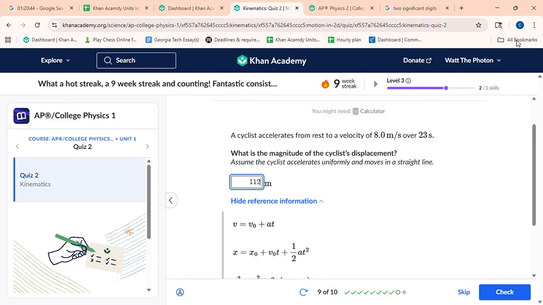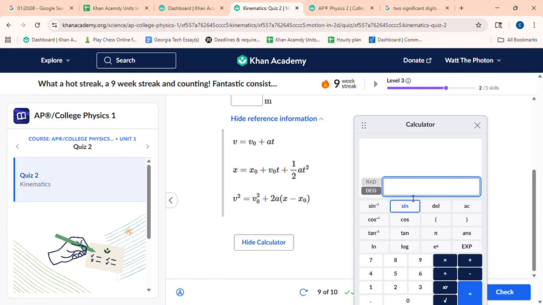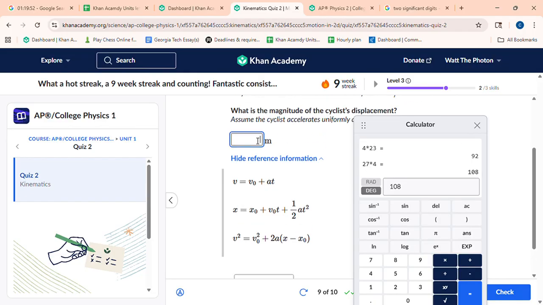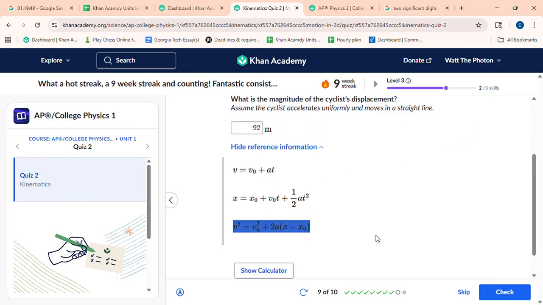I think I overcomplicated that. I did 4 times 27 at first, but the math was off. Good job. 92.